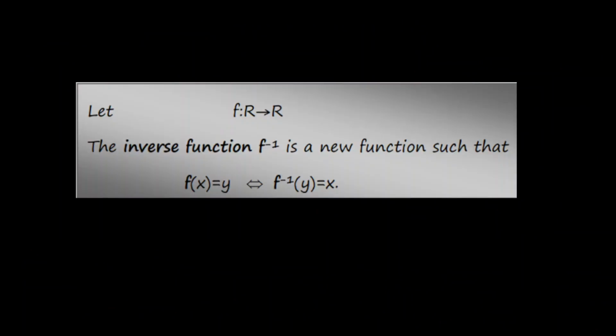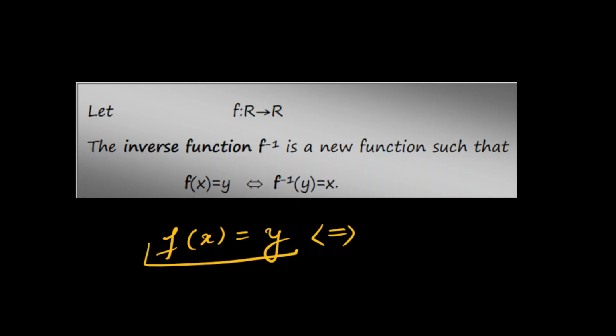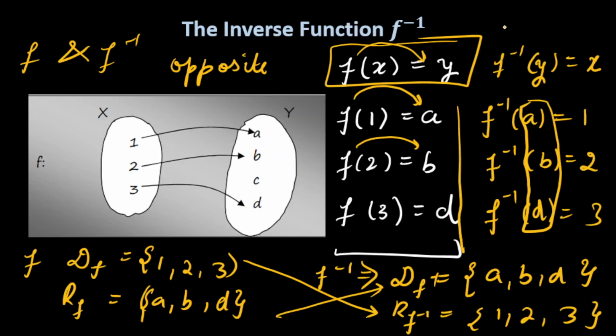Let's see its formal definition. The formal definition is the same as what we have learned just now. Let f be any function, then the inverse function f inverse is a new function such that when f of x is equal to y, it double implies, that means if this exists, then this will also exist: f inverse y is equal to x. Same thing I explained here with the help of an arrow diagram also.